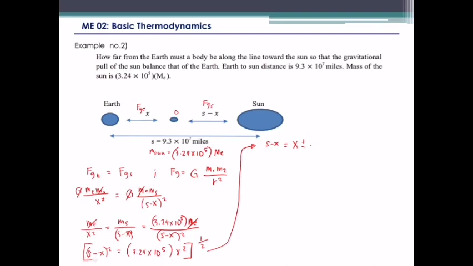Plus and minus the square root of 3.24 times 10 to the power 5 times x. Okay, so we will transpose this x here. So s is now equal to, since negative, it becomes positive, x plus and minus the square root of 3.24 times 10 to the power 5.